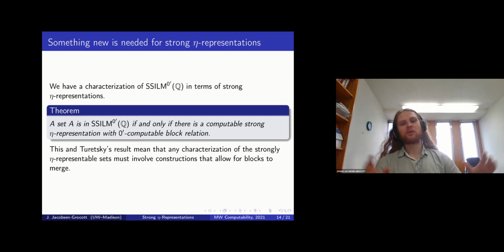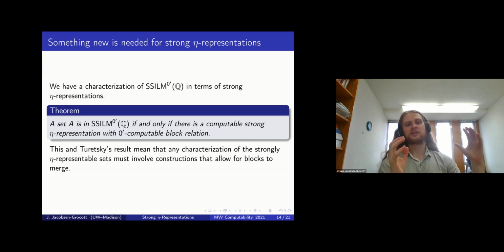So this is kind of important for how we go about trying to come up with a characterization. But if we combine it with Turecki's result, this means that in any characterization of strongly eta S-representable sets, when we construct the eta representation, we must allow for blocks to be able to merge. It's no good to construct them individually.